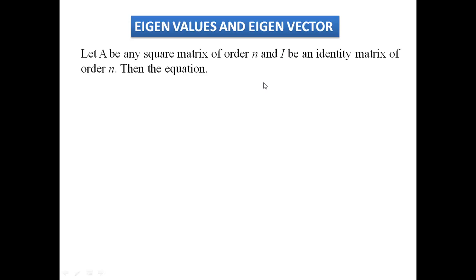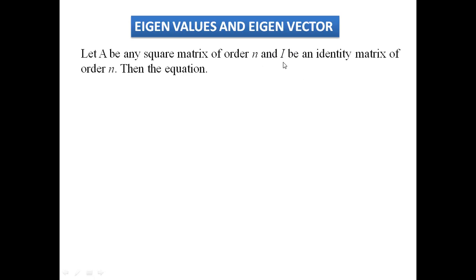Now obtain an equation in terms of lambda, where lambda is a scalar. How to get it? You see the given matrix A and the identity matrix I. You multiply the identity matrix by the scalar lambda, so that in this matrix the diagonal elements are all lambda and all other elements are 0.